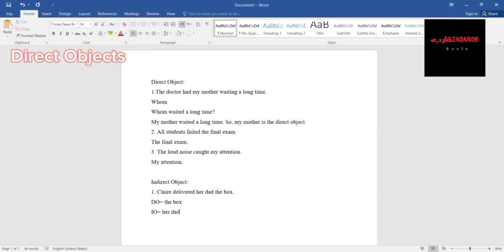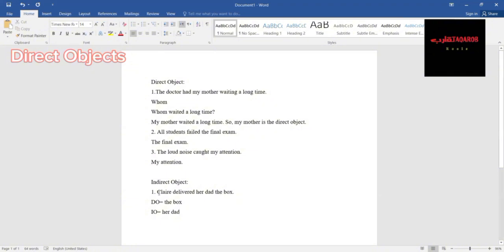See, guys? We can remove the indirect object from the sentence, but we can't remove the direct object. Here's a trick. Claire delivered her dad the box. Claire delivered her dad. What did she deliver to him? She delivered him a box.